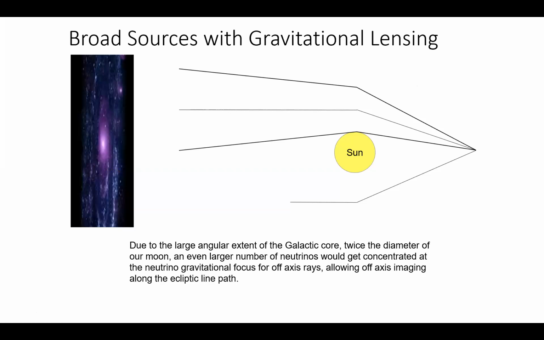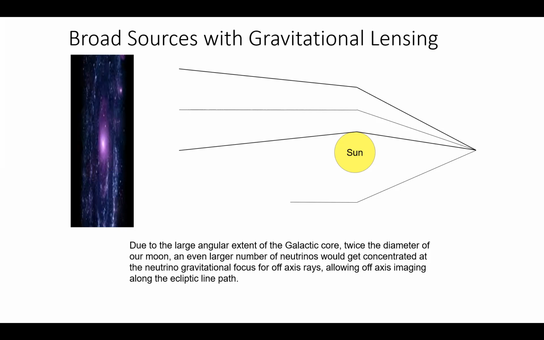Okay, so the galactic core itself is fairly large. If you were able to see it in visible light, it is about 2 moon diameters across. So it's a broader source than our sun, but not that much broader.